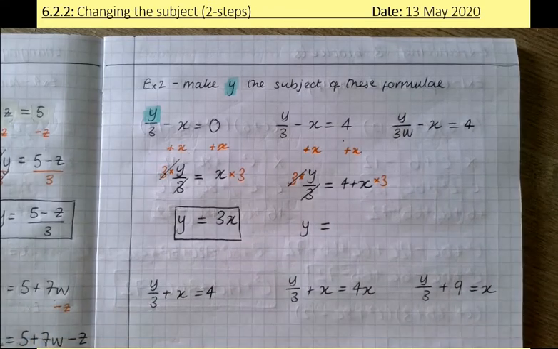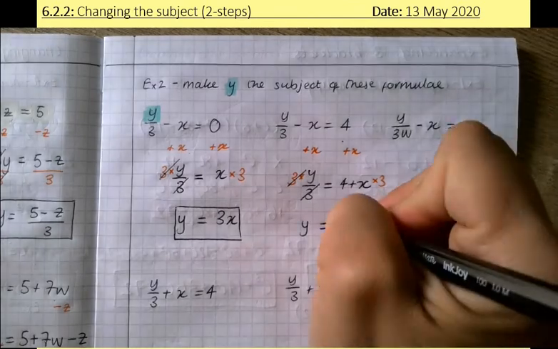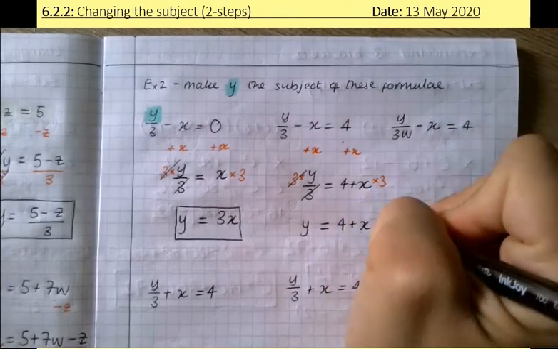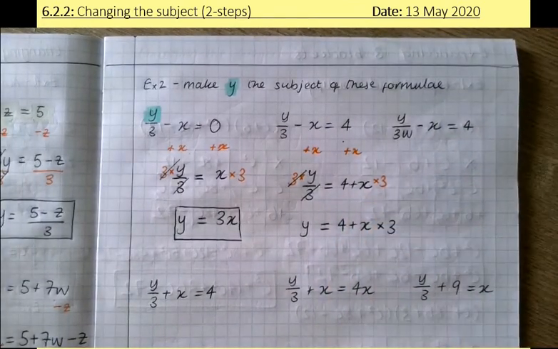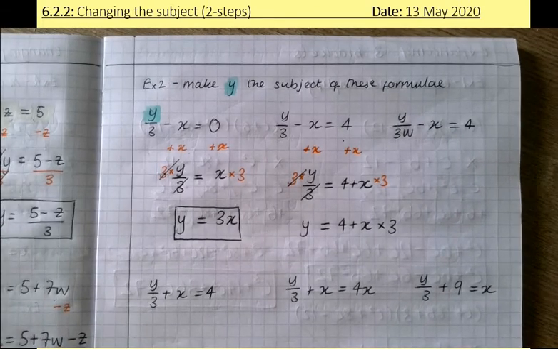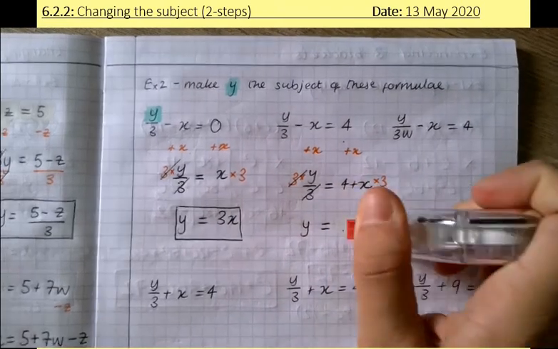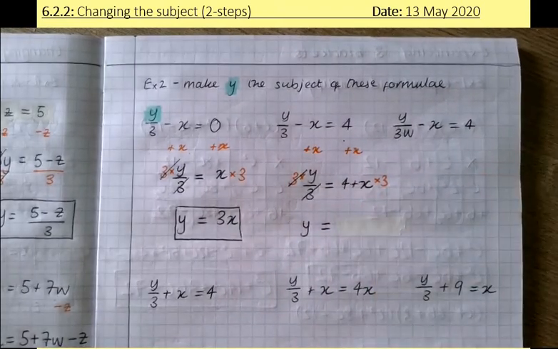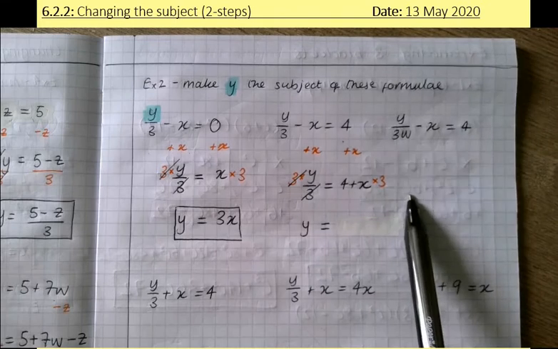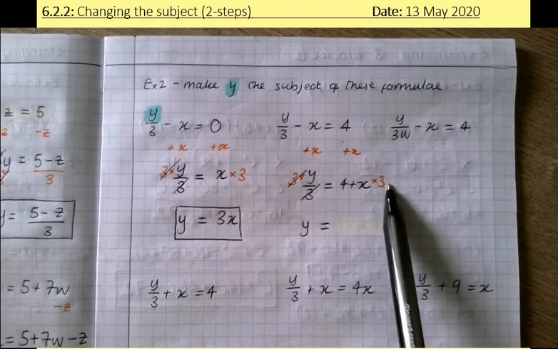The right-hand side, though, we need to be very careful because we cannot just write this. I'm actually going to cross this out because it's wrong, but I just wanted to show you that this is not the correct thing to do. And the reason for that is because when we multiply both sides by 3, we need to multiply everything on that side by 3.